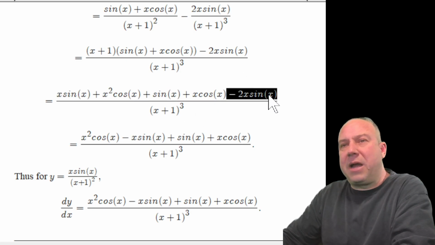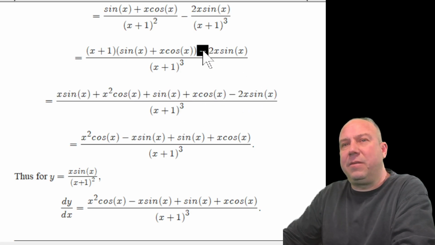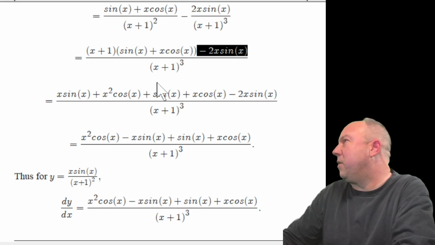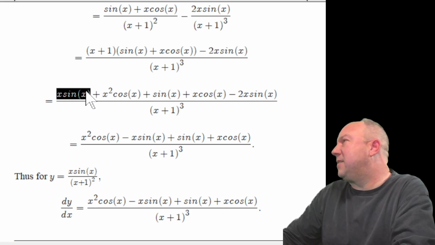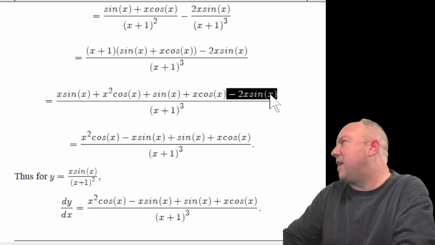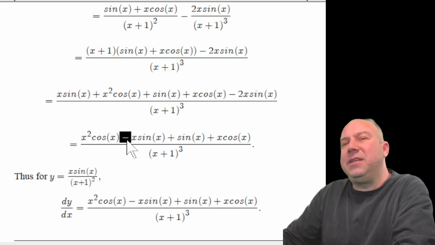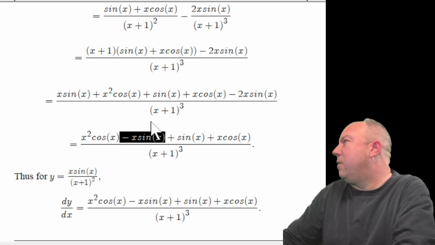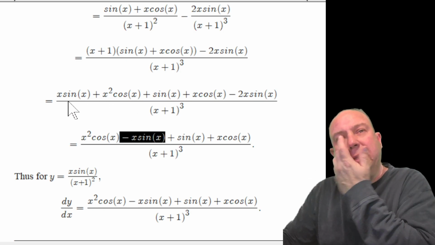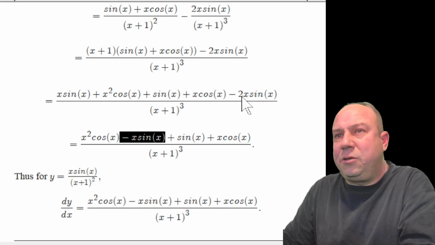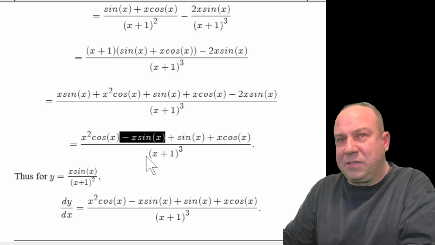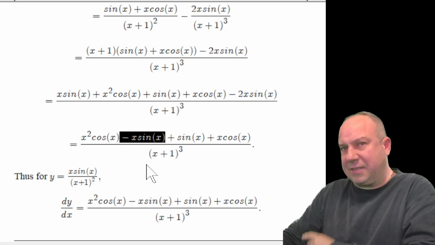We are left with a minus 2x sine x at the end that comes from just this term here. Now, this first term, x sine x and negative 2x sine x, are like terms. So I was missing that term in this result. When combined, right? Negative x sine x minus 2x sine x actually leaves one negative x sine x. So it's negative x sine x.